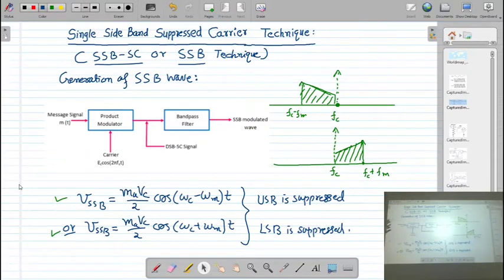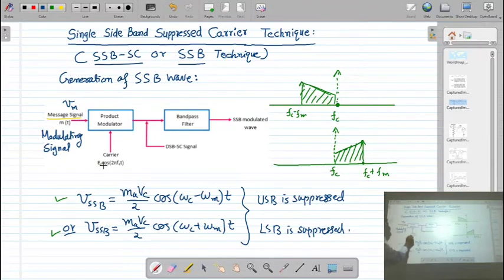So actually here the message signal is there, and that is nothing but my modulating wave, or you can say modulating signal, and that is Vm. It is applied to a product modulator.